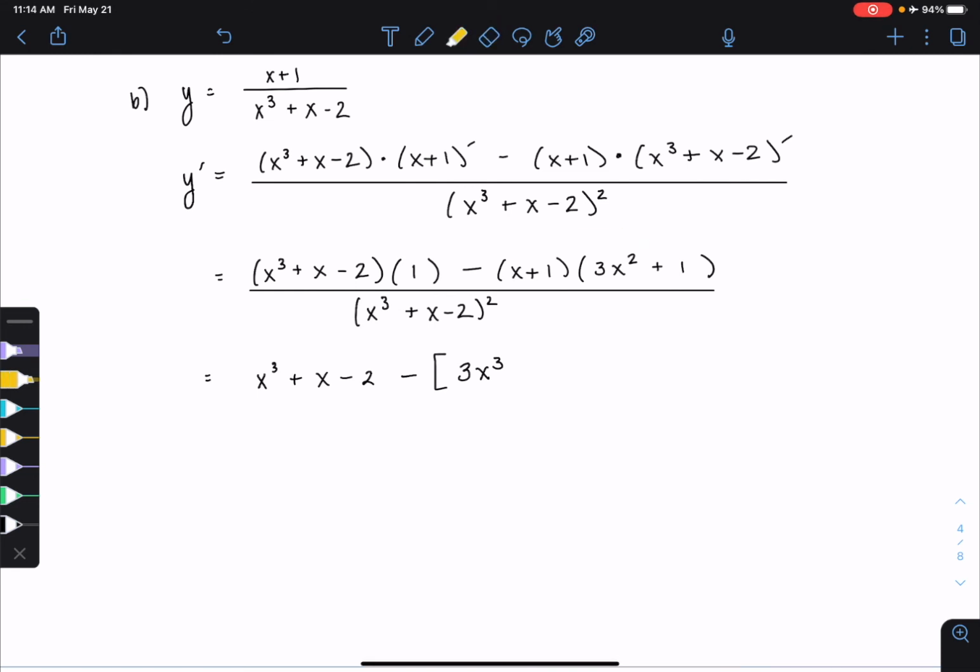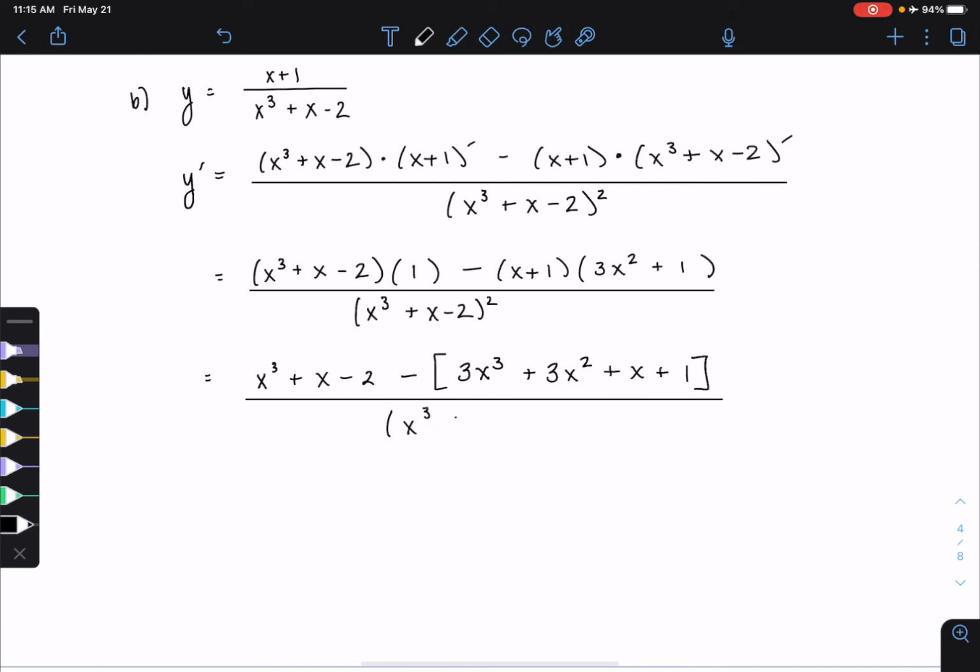The inside is 3x squared. So I'm going to just put that first. And then the last term is 1. And then it's divided by this denominator squared. Okay.